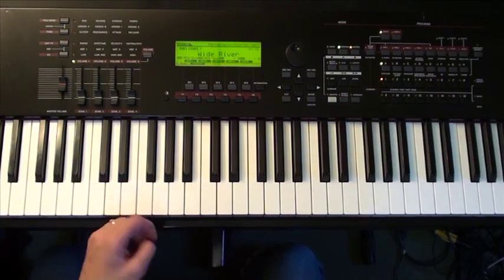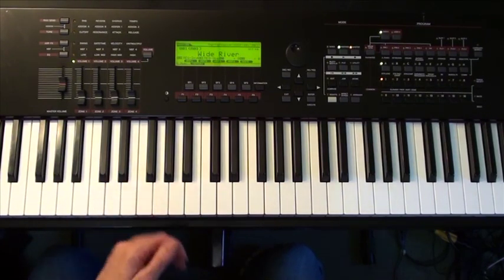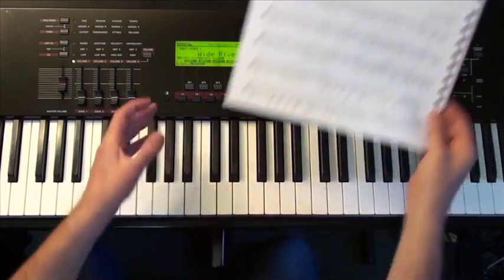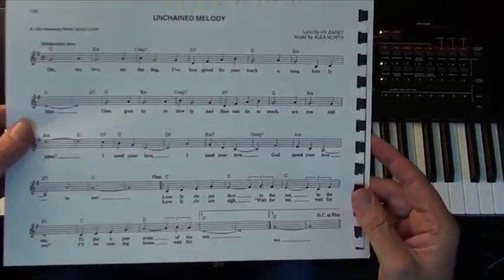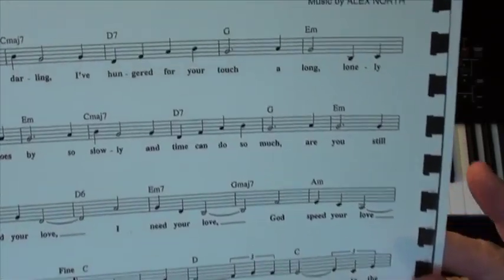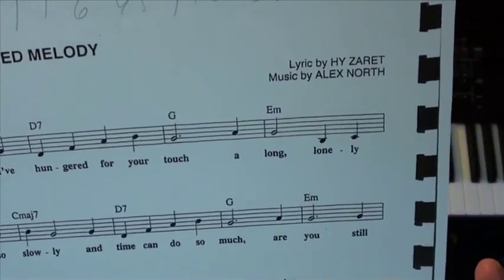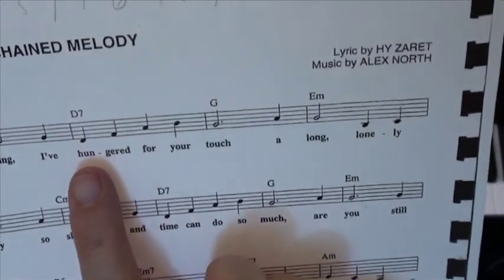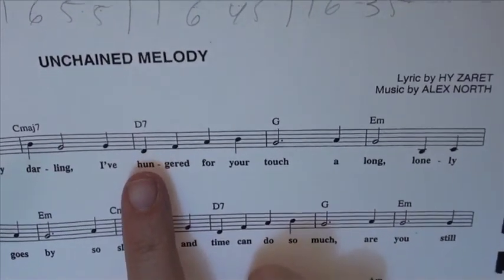The next chord I'm going to talk about is the dominant 7th chord. Here, for example, is Unchained Melody. You can see right there where it says D7.